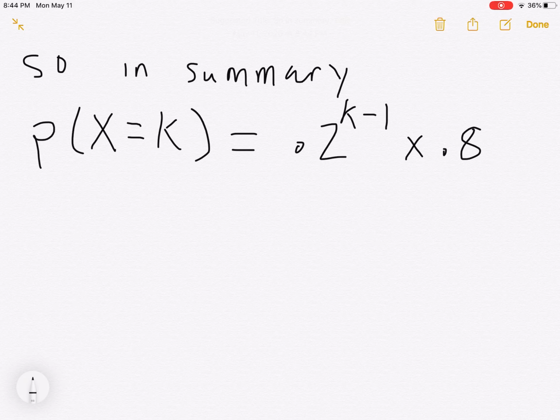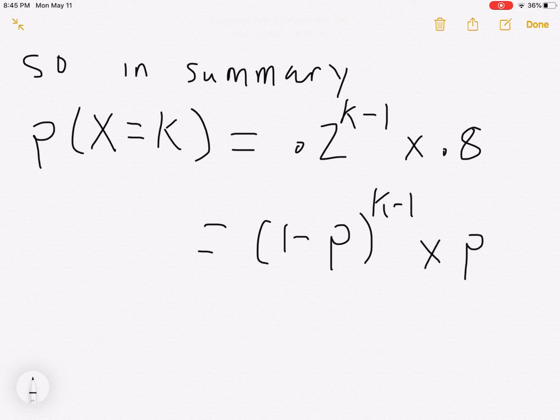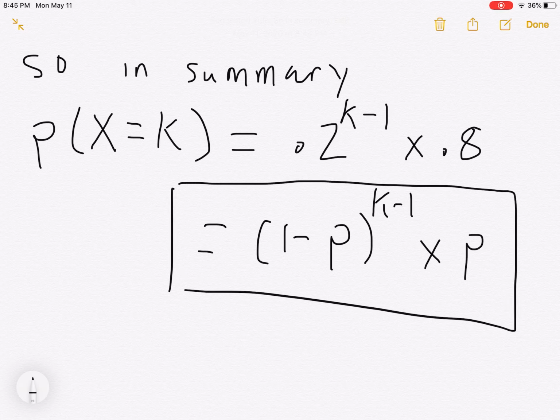I want to abstract that just a little bit further. 0.2, this is 1 minus the probability of success. 1 minus p to the k minus 1 times 0.8, that's the probability of success. This is the general description of a geometric distribution.